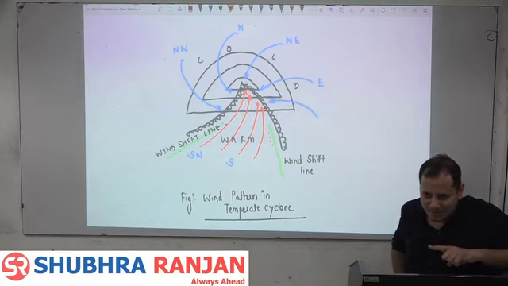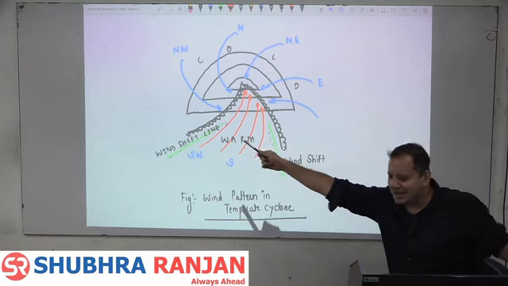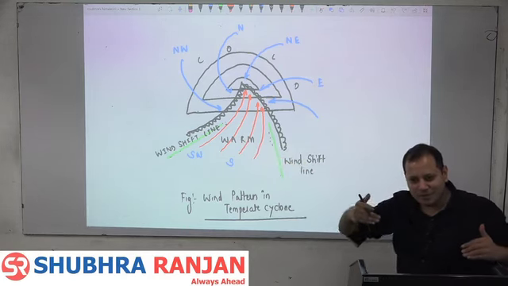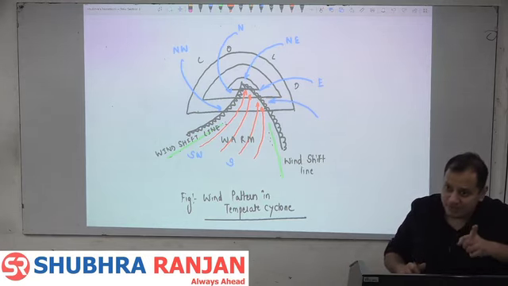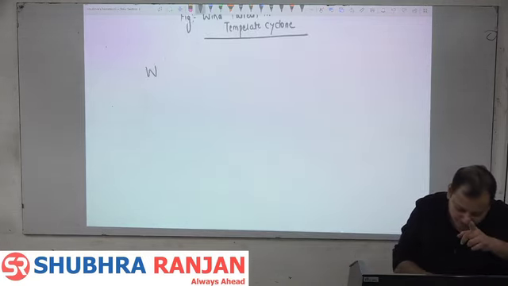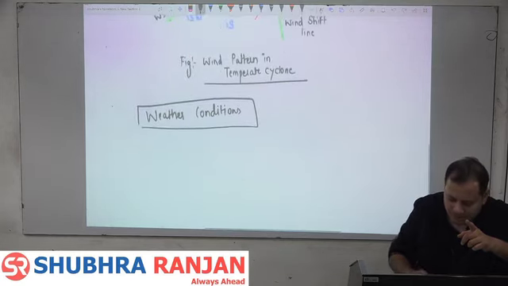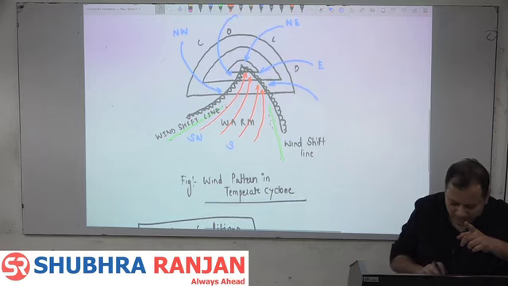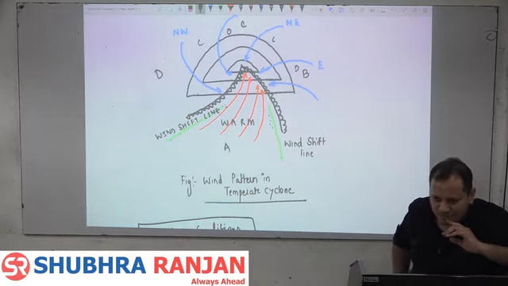Western disturbances. Understanding? This winter rainfall is known as western disturbances. Cold front precipitation, warm front precipitation. And coming to, which can be asked as a separate question, the question was, they had given you a diagram and they had marked it A, B, C and D, and which part is having, a very simple question.